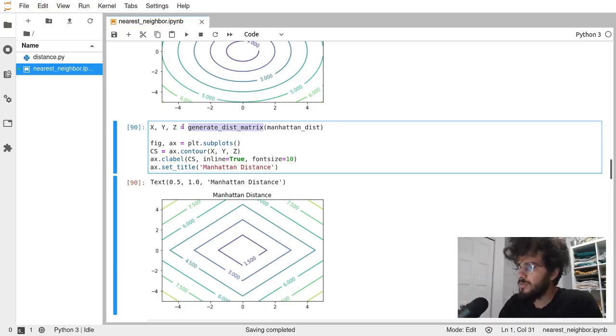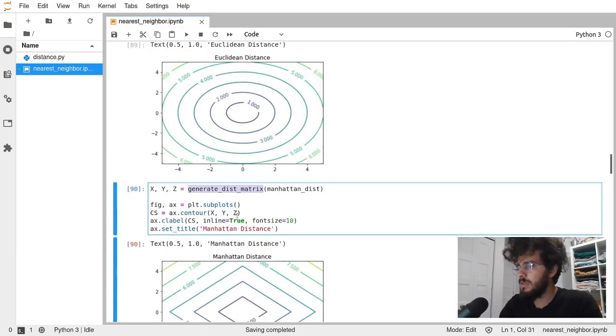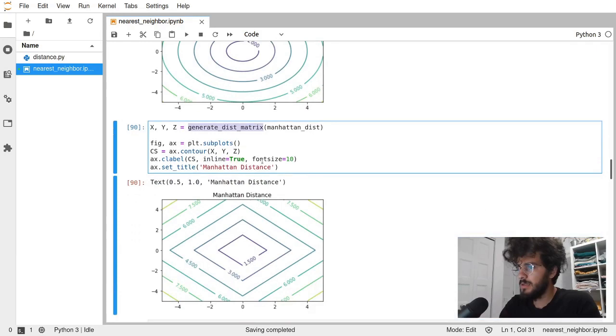So here's the visual for the Manhattan distance. Here it was the Euclidean distance. You can see the difference. It's more blocky than the other one. Here you see at the distance 1.5, we got a kind of square around 0,0. So if we want to go from 0 to 1.5, it will literally take 1.5 because you're taking the difference between 0 and 1.5 and the absolute value of this.